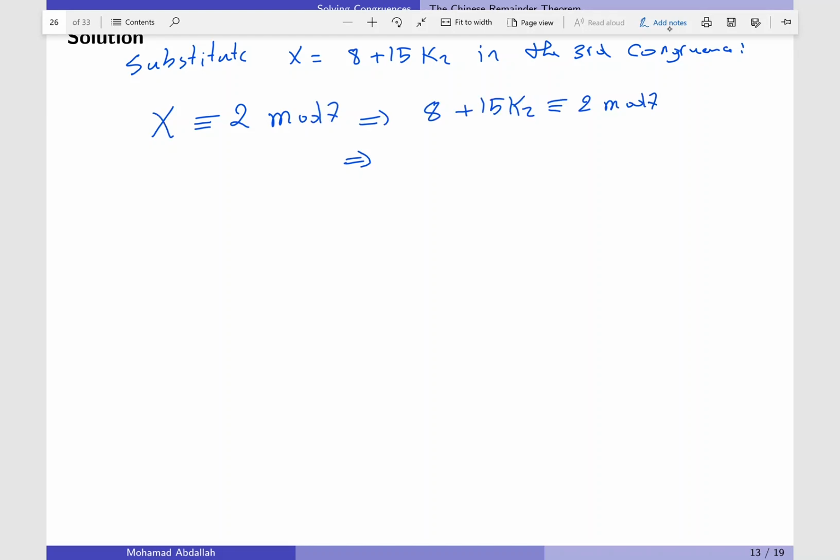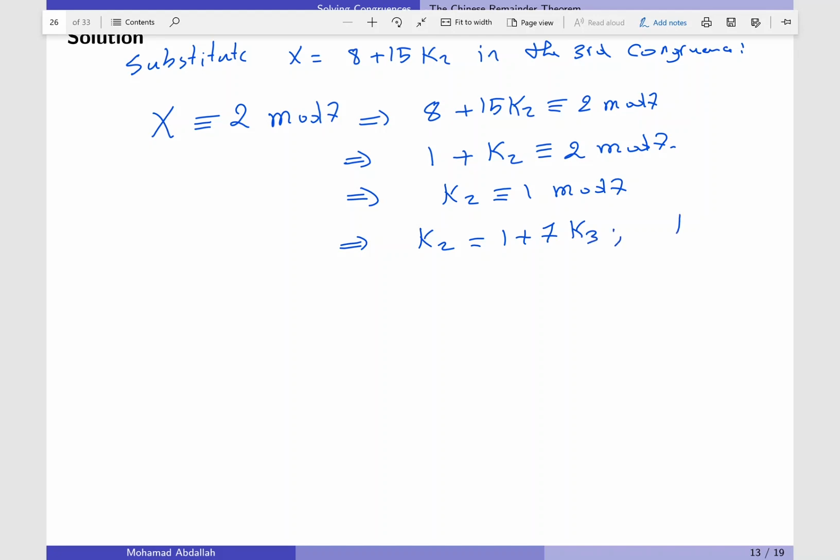When I reduce 8 mod 7, this becomes 1. 15 mod 7 is 1, times k2, congruent to 2 mod 7. So then k2 is congruent to 1 mod 7. So then k2 is equal to 1 plus 7 times some number k3. Again, k3 is an integer.